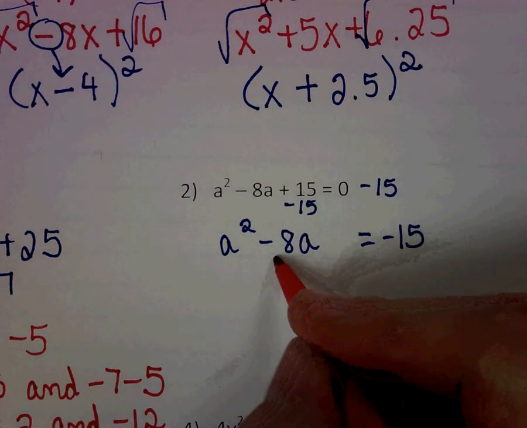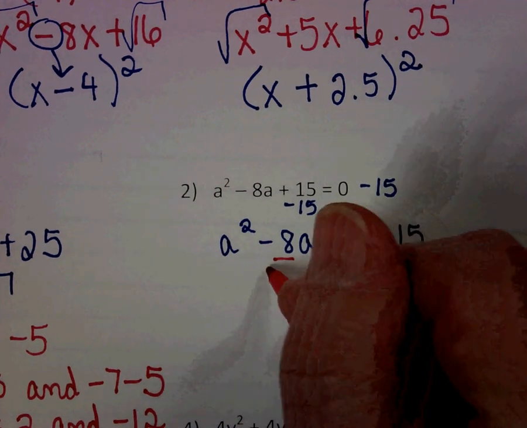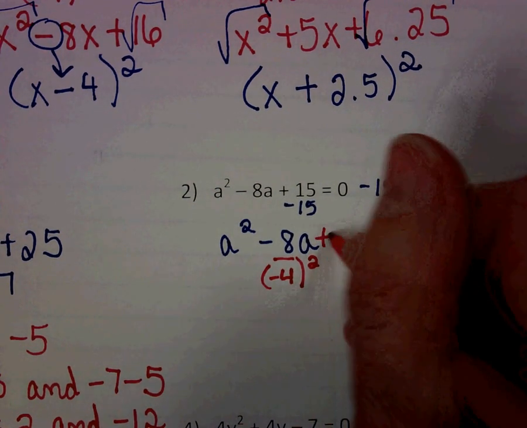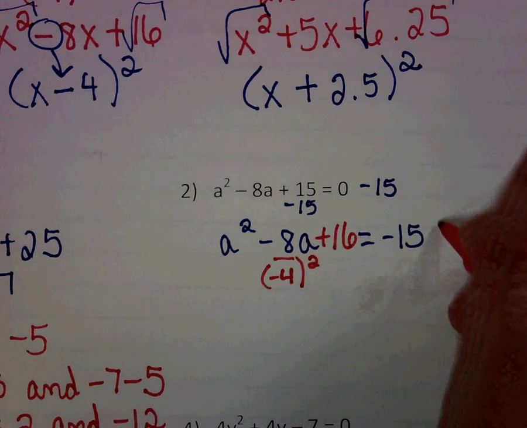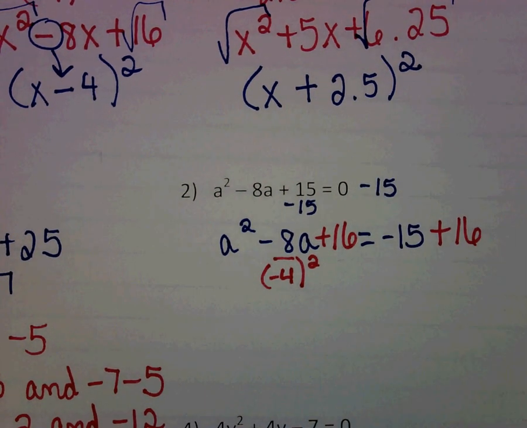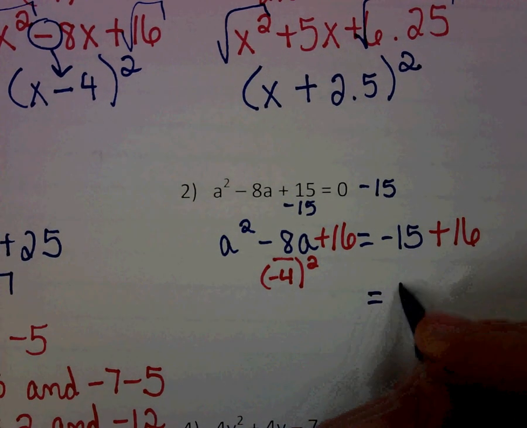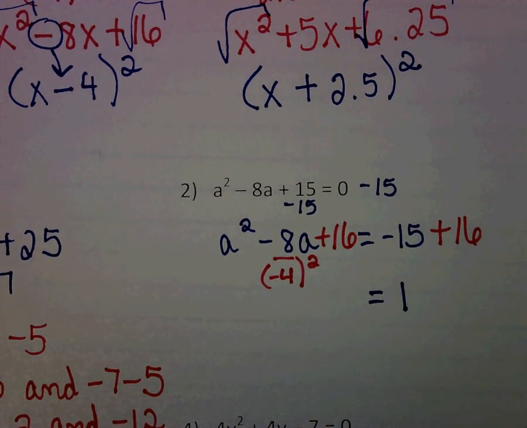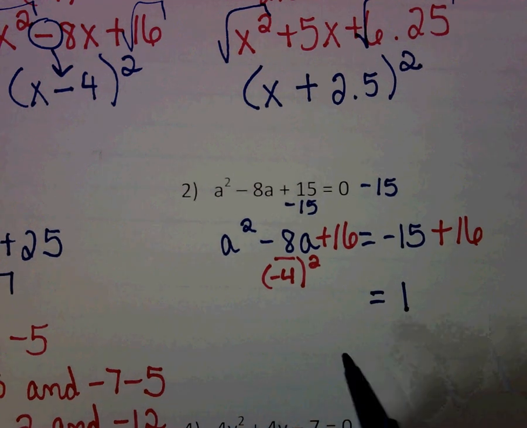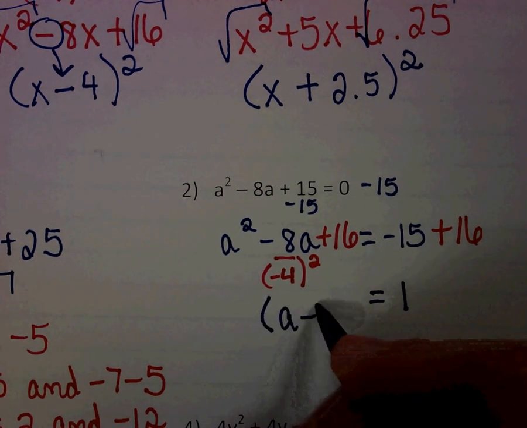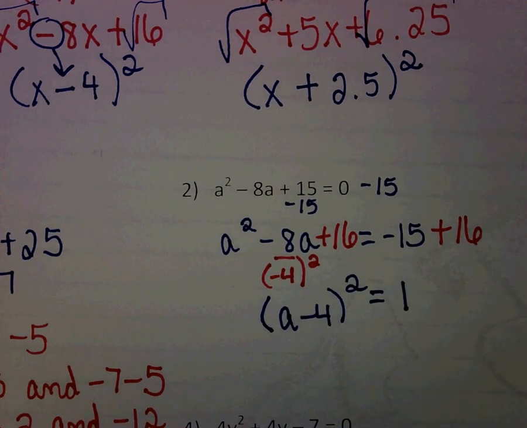We're going to take half of negative 8, negative 4, square it, will be positive 16. I'm going to add 16 to both sides. On the right, that's going to give me positive 1. On the left, we're now going to factor it, step 5. So it's going to be a minus 4 squared.